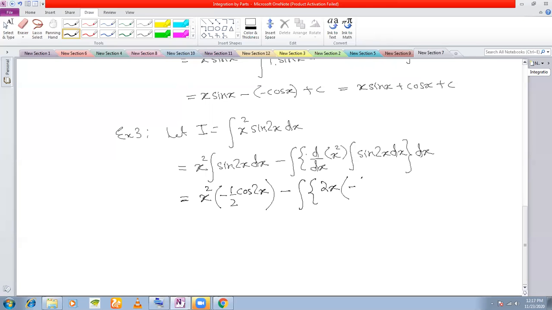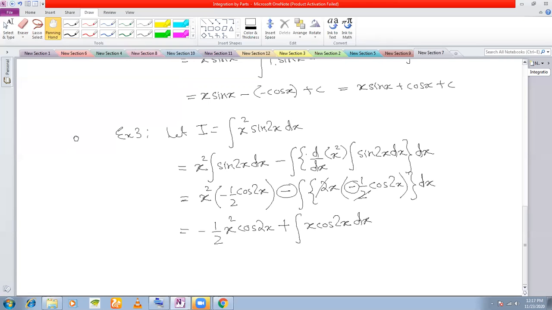So write this as minus half cos 2x and whole thing dx. Now what happens? This 2 and this 2, they cancel. So what do you get? Minus half x square cos 2x, and these two minus signs, minus this minus, they combine to become a plus. You get integral x cos 2x dx, right?